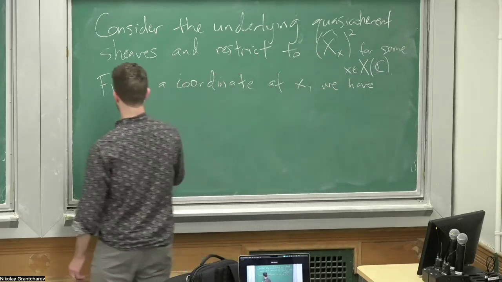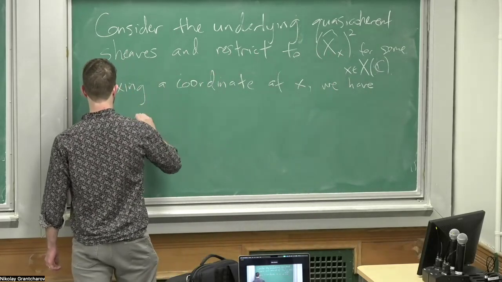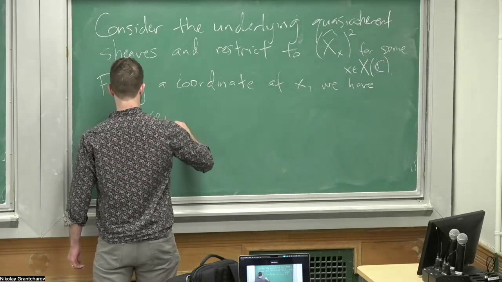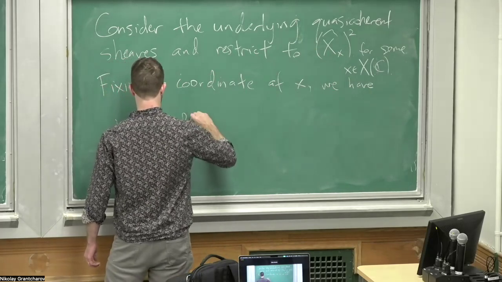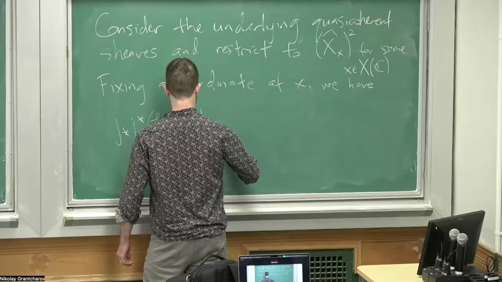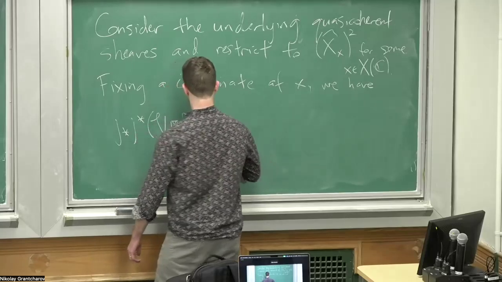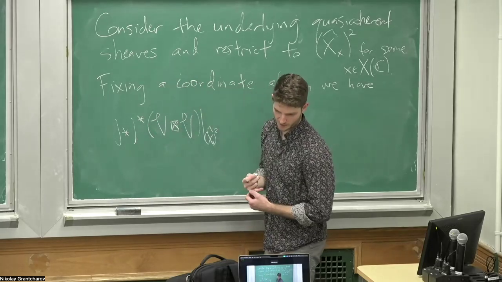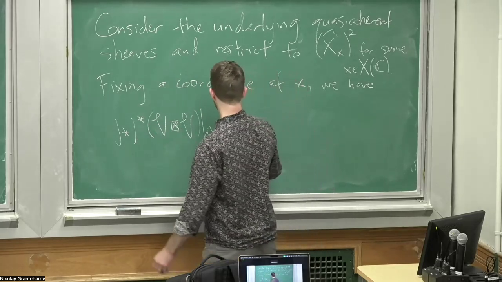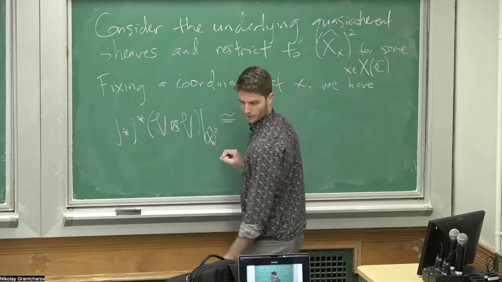So this j lower star, j upper star, V box V, restricted to this formal completion, looks like what exactly?